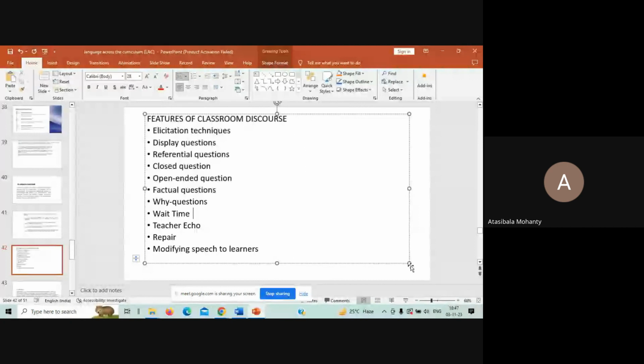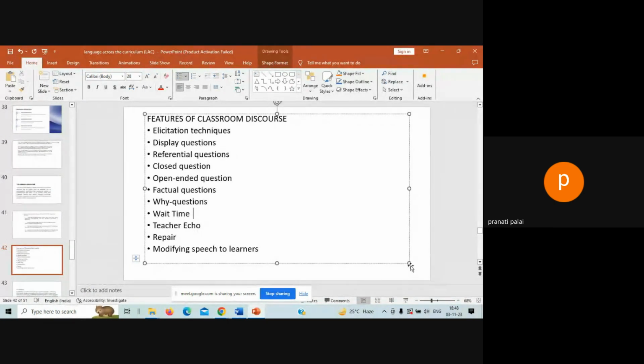Repetition of picture, any kind of concept. Repetition or acknowledging the student's response, and giving him reinforcement, giving him feedback. Okay. That is teacher echo.